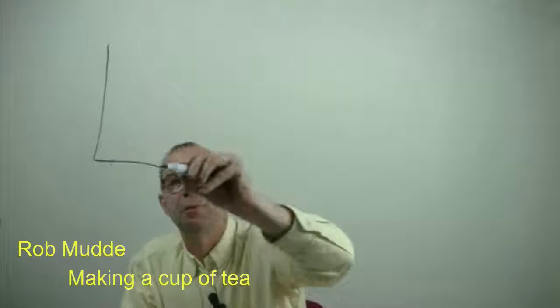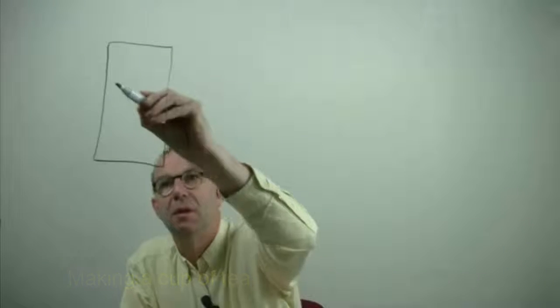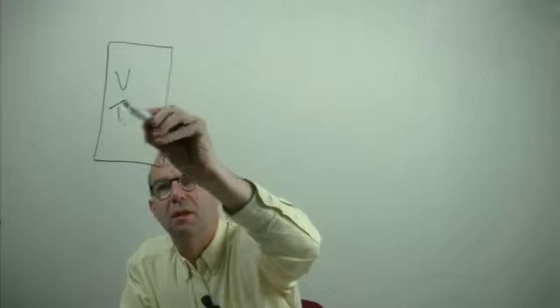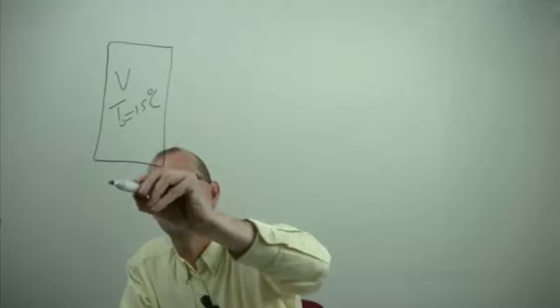In this exercise we're going to make hot water as we would like to have a cup of tea. Thus we take water from our tap, put it into an electric heater, a cooker. Say we start with water of 15 degrees.